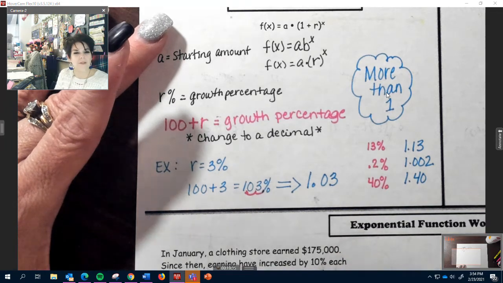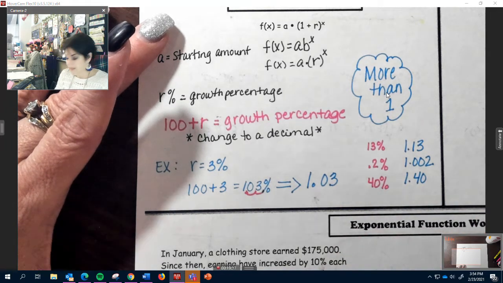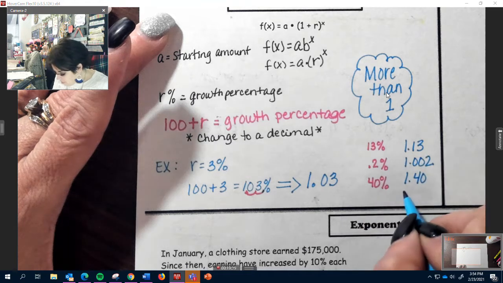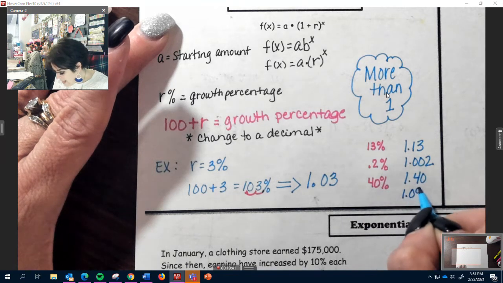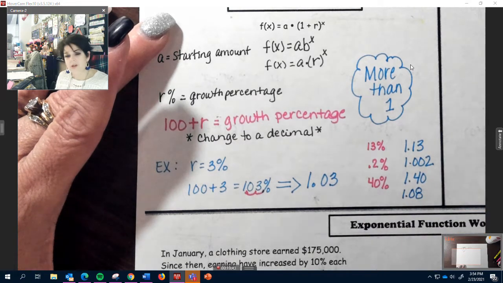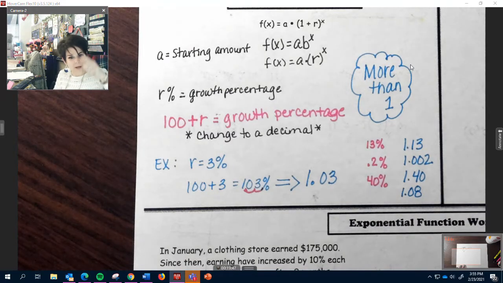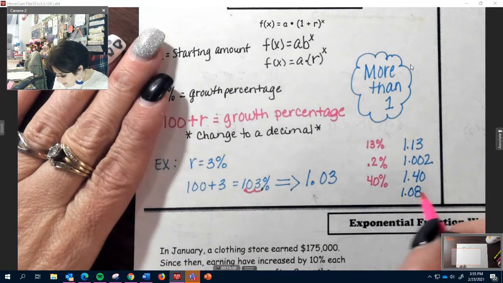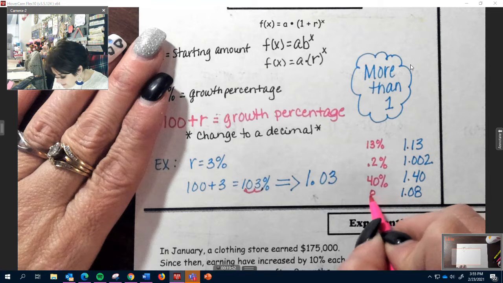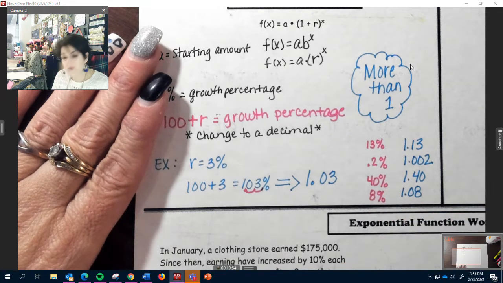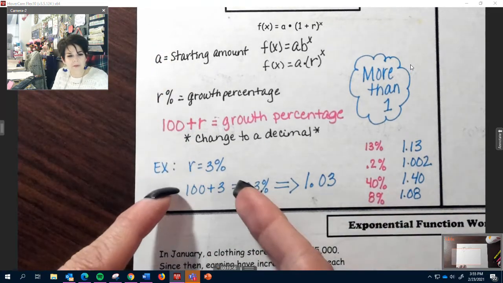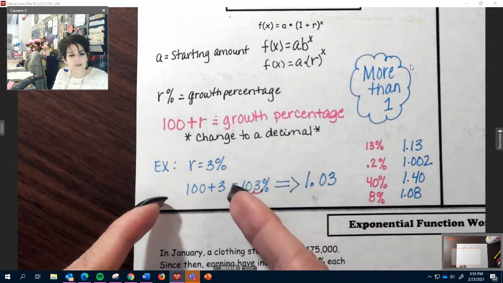We're going to do more of those if you didn't quite follow that. Let's do one more. Let's do 1.08. How much over $1 is that? 8 pennies. Move the decimal back 1, 2. So it would be right here after the 8. So that's going to be 8% growth. Think about it, it's the reverse. You're going from this over to that.